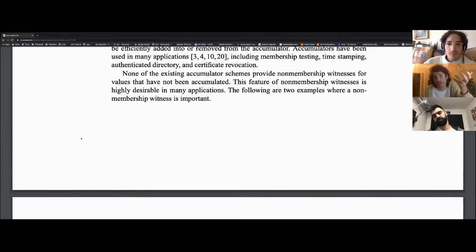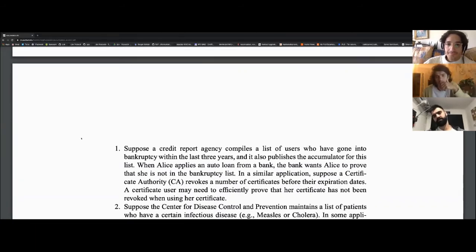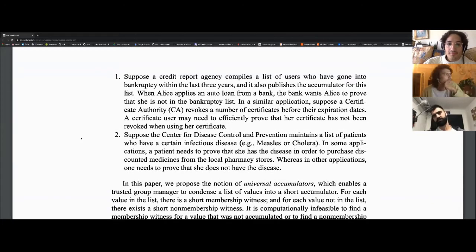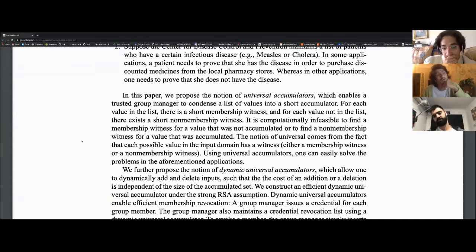You also have some algebraic properties that you can prove with these accumulators in a zero knowledge fashion. Maybe just to give some context, the idea of a zero knowledge proof is that it is possible to prove a predicate, or an algebraic property, of a value without revealing the value nor the witness of the value.